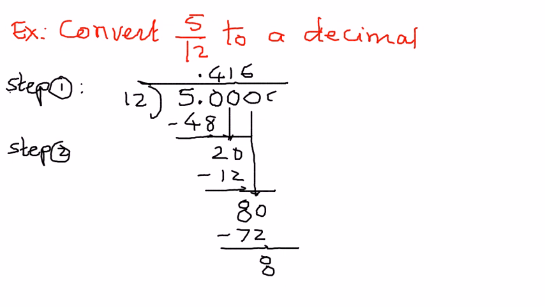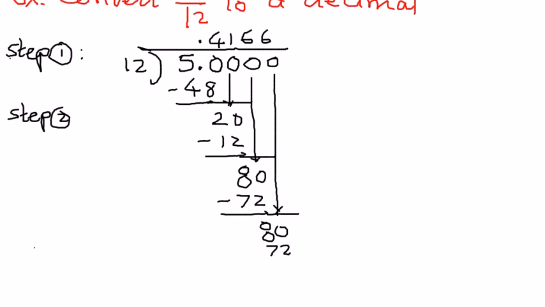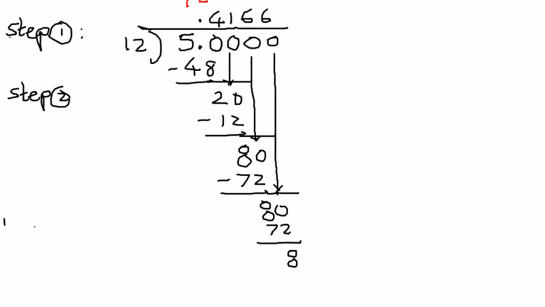So if we add another 0 here and borrow that, it is going to be 12 times 6 is 72, and as we can see, this number is going to repeat for a long time. It is going to be repeating, and therefore we can come back here, stop the process and write this as follows.